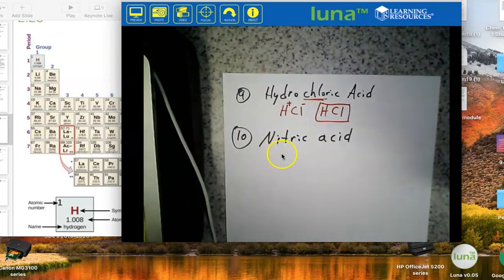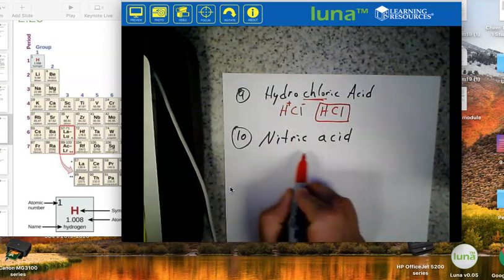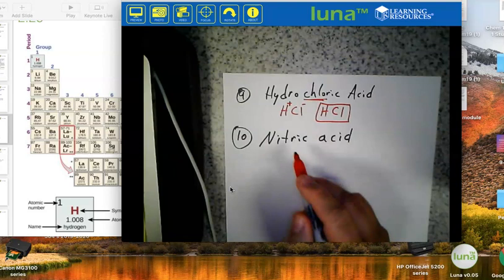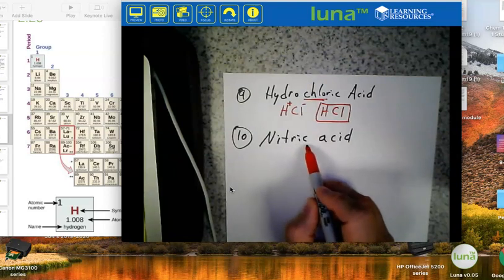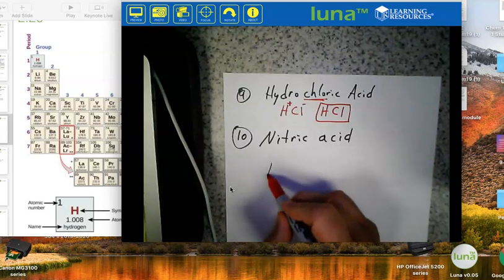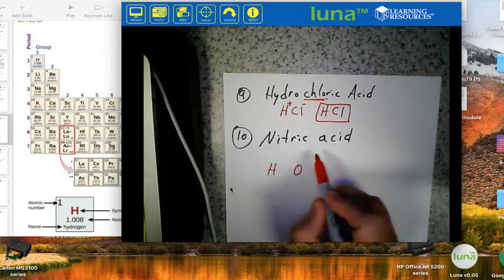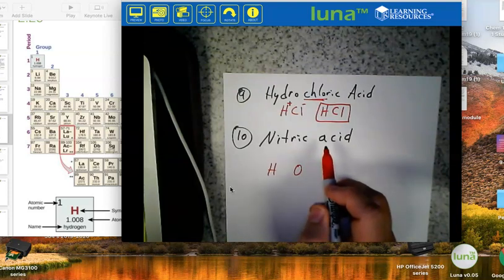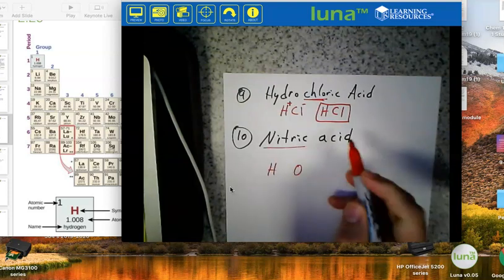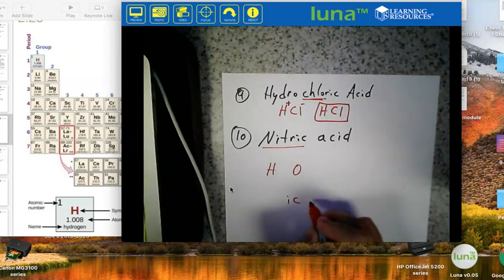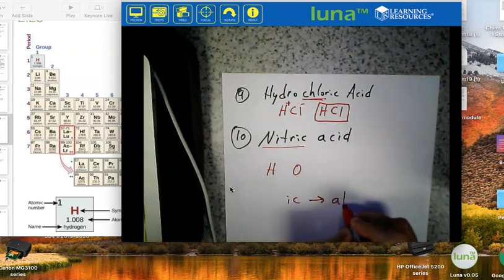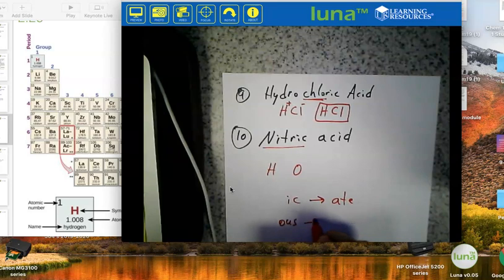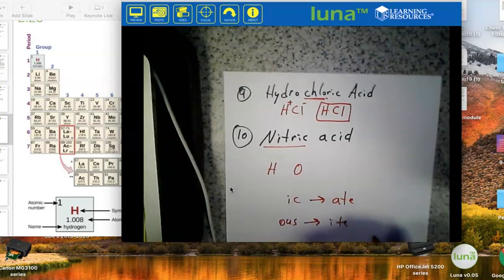All right, so the next one here, nitric acid. Remember when it ends in ic and then acid, that's an oxyacid, right? It has hydrogen and it has oxygen in it, and then some other element, depending on the polyatomic ion that it came from. So ic came from ate, and ous came from ite.